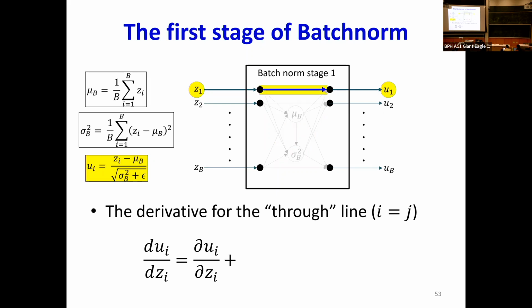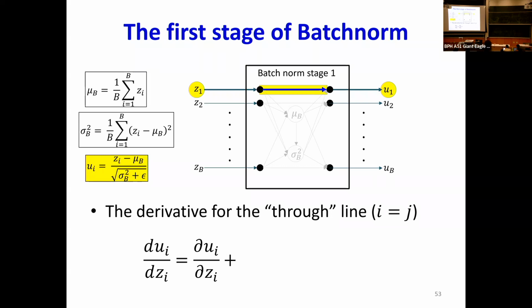So the first perturbation comes through the through line, right? So that one is going to be the partial of u over z. Now this is where you will see that if there are multiple links going into the same thing, the definition of a partial kind of breaks down. So I'll just call it the derivative, okay? So this is the derivative of u with respect to z. So that's one thing. z directly influences u.